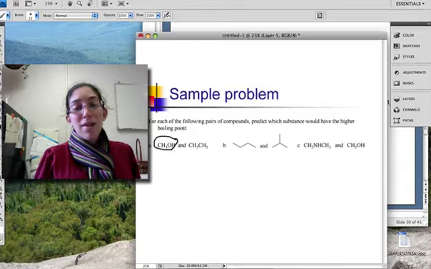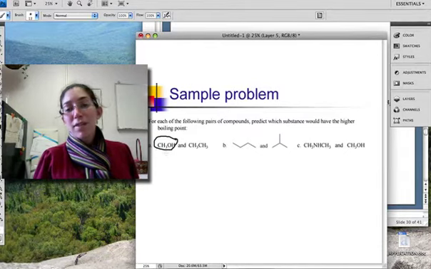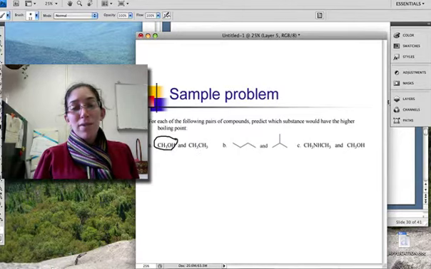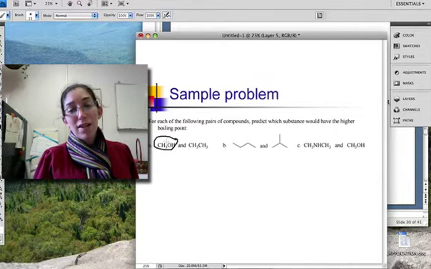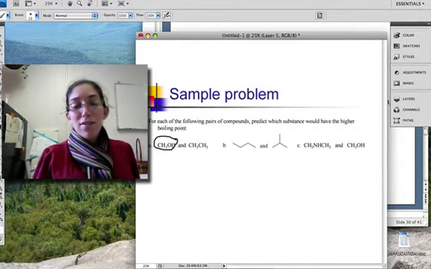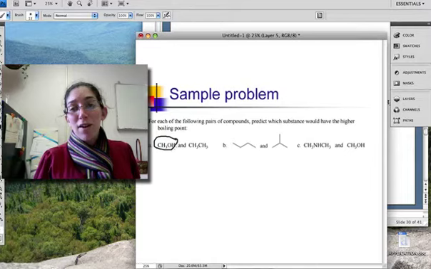Whereas methanol here, a similar size molecule, has London forces, but it also has an OH group, and this OH can engage in hydrogen bonding. It's a hydrogen bond acceptor and a hydrogen bond donor in one. So hydrogen bonds are stronger than London forces, therefore this one's going to have a higher boiling point.